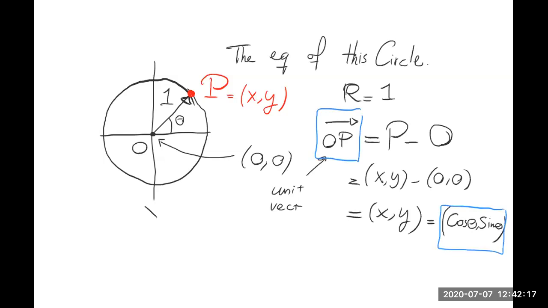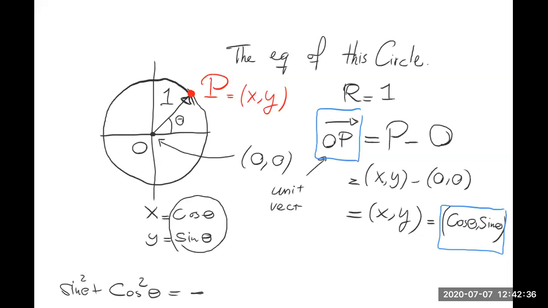It means x is cosine theta, y is sine theta. What is the equation which governs cosine and sine? What is the relation between sine and cosine? The important thing we know is that sine squared plus cosine squared equals 1. But because sine is equal to y, cosine is equal to x, it means x squared plus y squared equals 1.